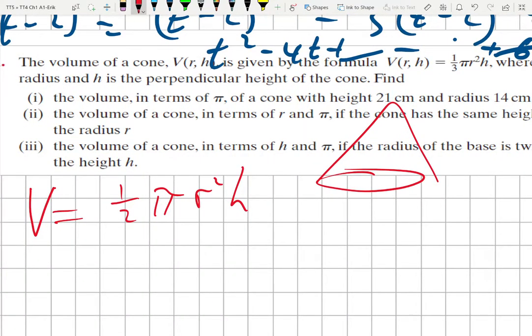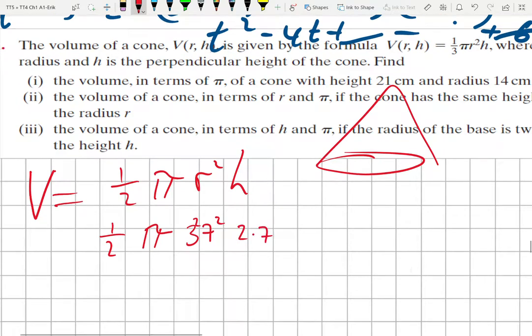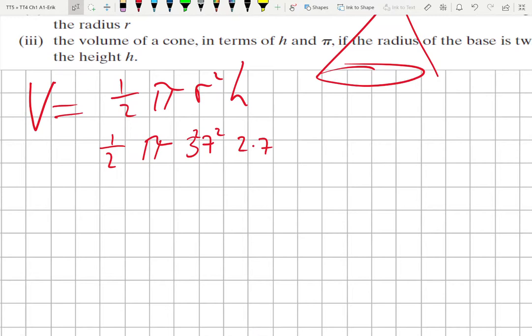Now I'm going to do a few tricks here. 21 and 14 have a common 7. So check this out. We're going to go half of pi. Now I'm going to go 3 squared, 7 squared, that's 21 squared. And 14 is 2 times 7. Okay, they cancel.